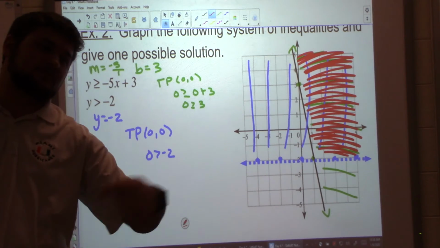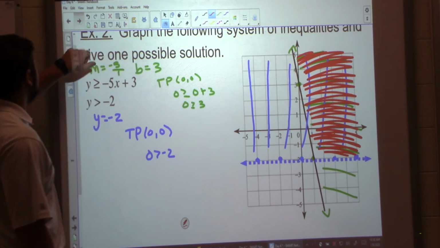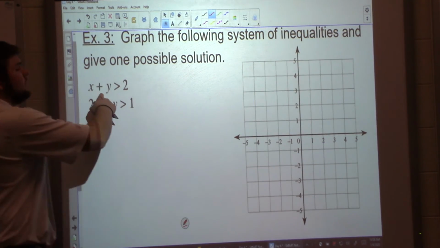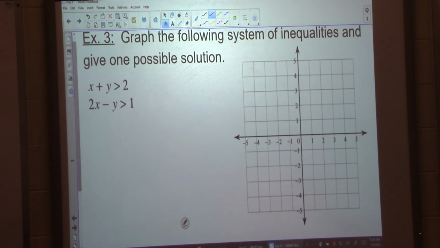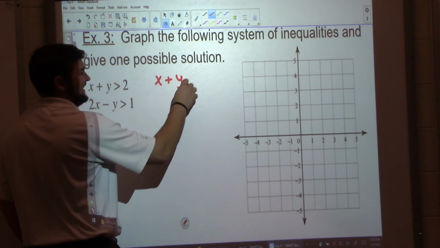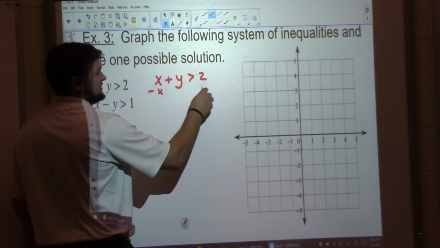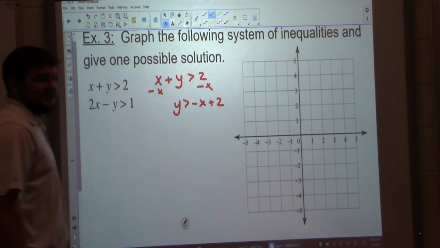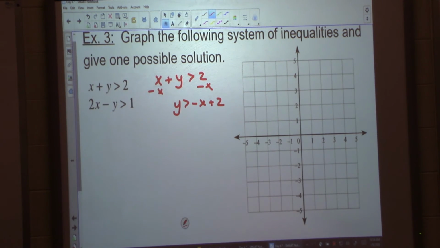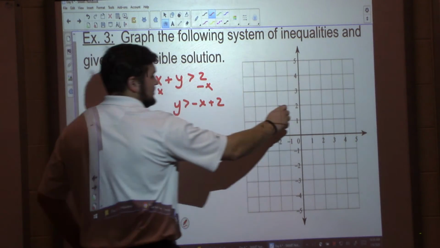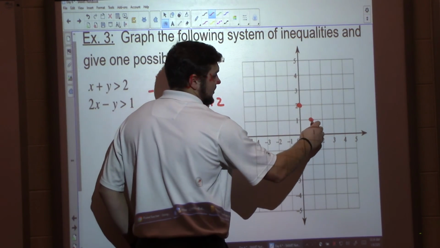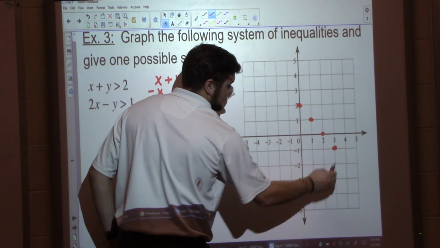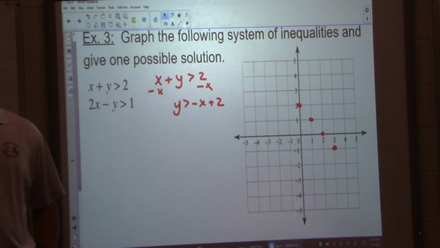All right, let's sprint through the last one quickly and we'll be done. Last one, they're both given to us in standard form, so before we can do anything, we have to change that. x plus y is greater than 2. Subtract x: y greater than negative x plus 2. So y-intercept at 2, slope of negative 1 over 1. What type of line am I going to have here?